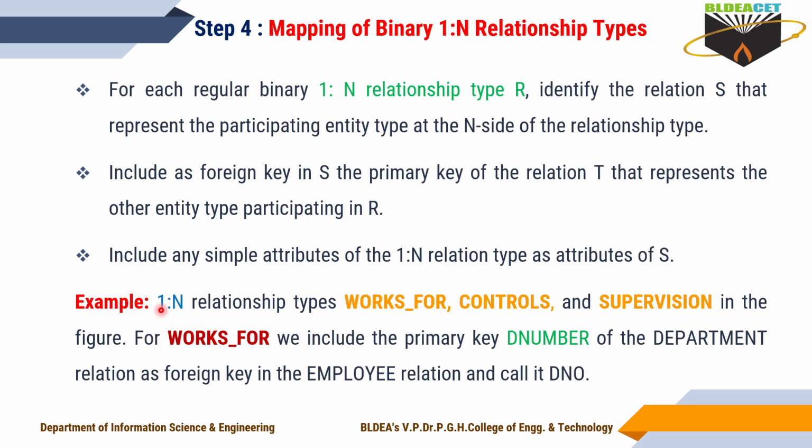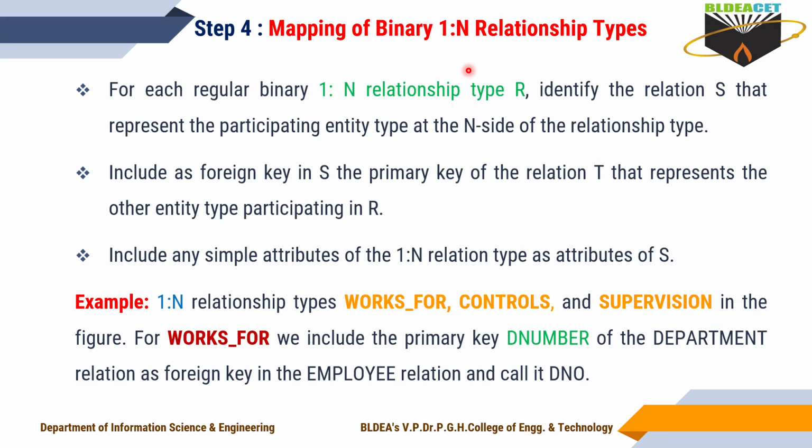It is very simple. Examples of 1:n relationship types are works for, controls, and supervision. In works for, we include the primary key, the department number, of the department relation as a foreign key in the employee relation, that is, DNO. On the one side you take the primary key, and on the n side you take the foreign key.